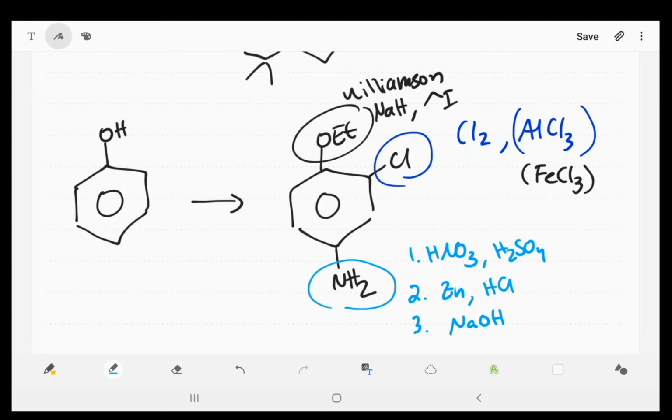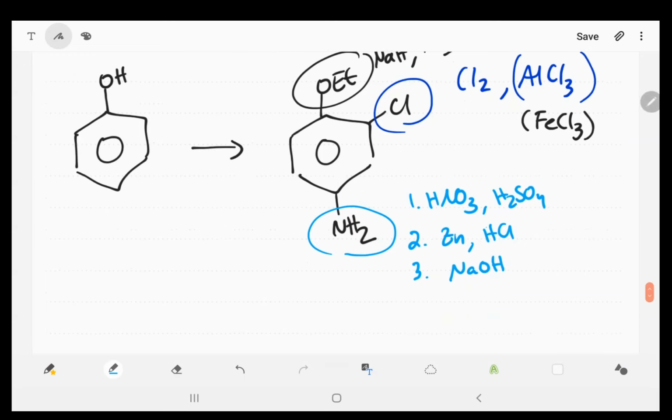Next thing we want to do is note that since we're starting with an OH, OH is an ortho-para director, right? Para generally is preferred, so we probably would want to nitrate this first. We could do the Williamson first, it doesn't really hurt anything, but either one will work. So the first step would be nitrating. We're going to keep our strongest activator, might as well. So we do HNO3, H2SO4, and we end up nitrating.